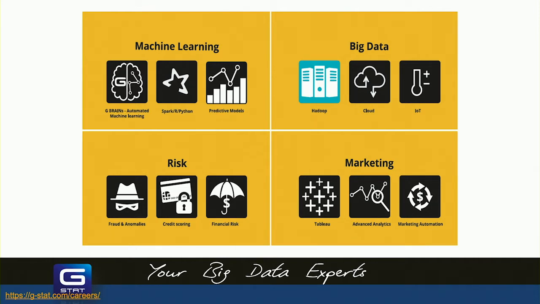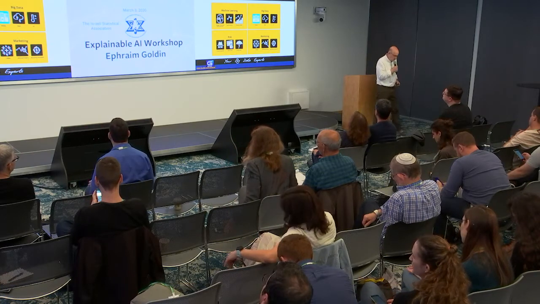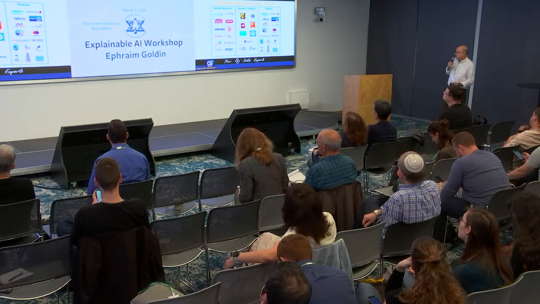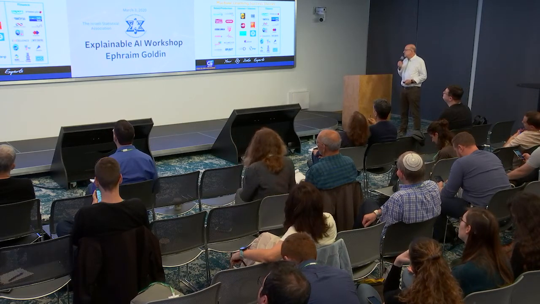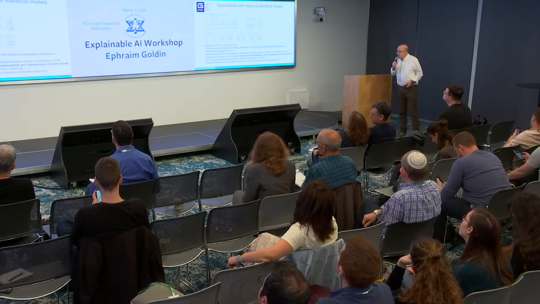Big data, risk, fraud, credit scoring, financial risk, and marketing area, segmentation, marketing automation, advanced analytics. We also sell BI tools like Tableau. We have a lot of satisfied customers with machine learning success stories in each one of them.